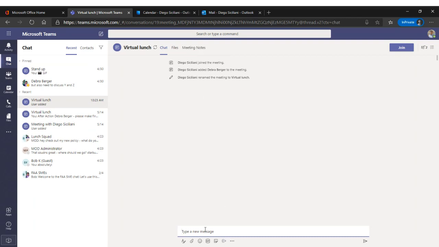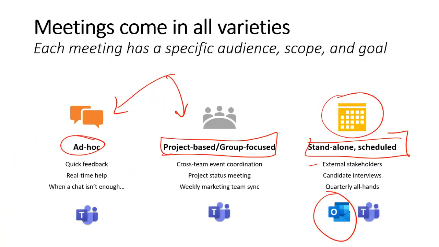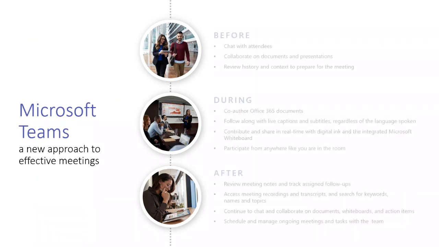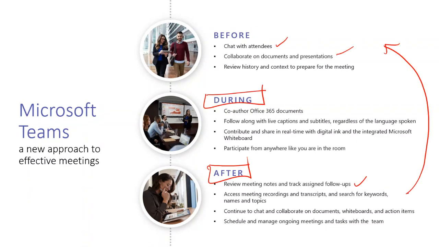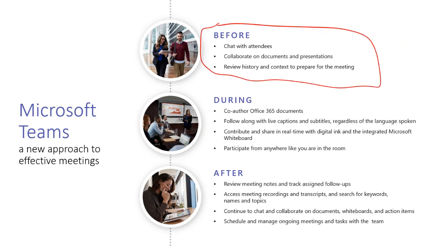What's nice about this is, if we go back to this slide here, this is really where we're going to be able to do all of the stuff beforehand with people, right?